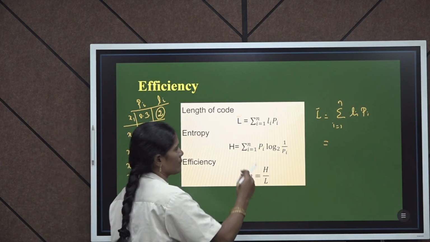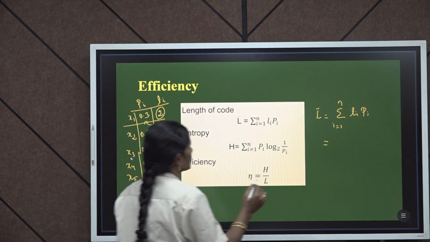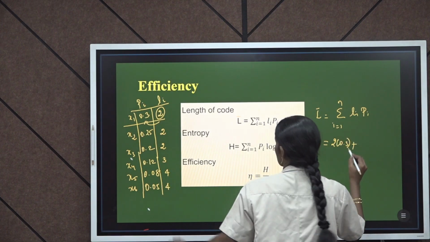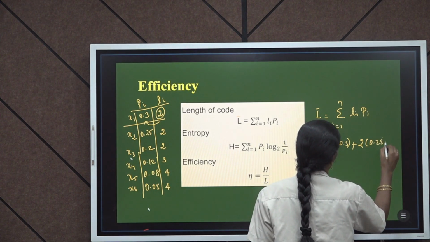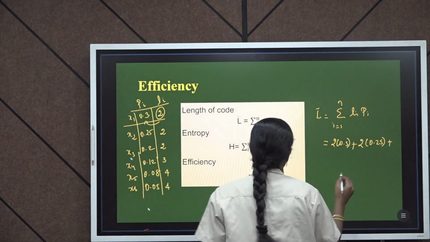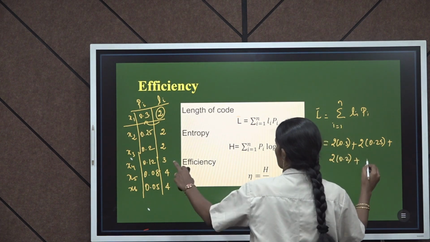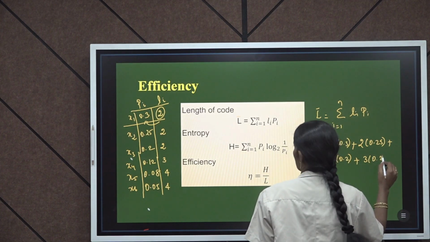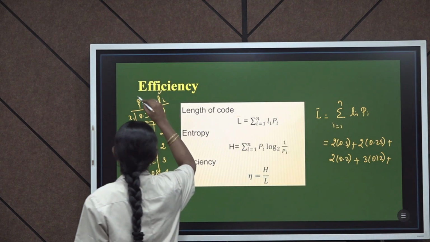So this summation can be expanded as 2 into 0.3, plus 2 into 0.25, plus 2 into 0.2, plus 3 into 0.12. So we just multiply length and probability.